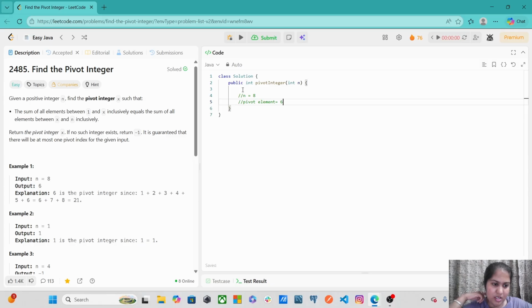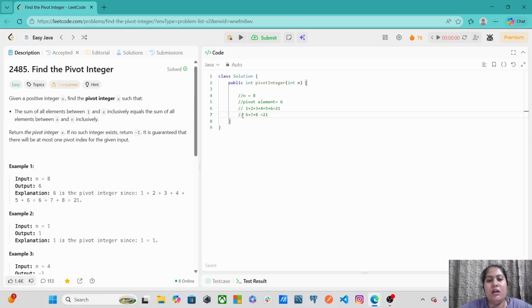As we can see, while adding 1 plus 2 plus 3 plus 4 plus 5 plus 6, we are getting 21. And if we add 6 plus 7 plus 8, we are also getting 21. Hence, pivot element is 6. That is, x is 6.